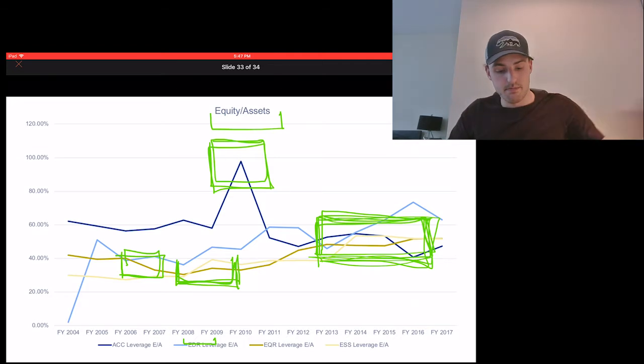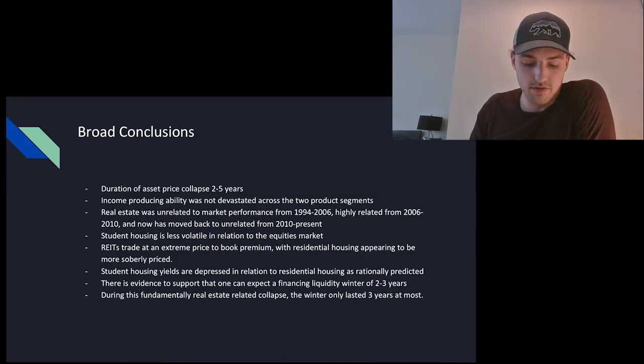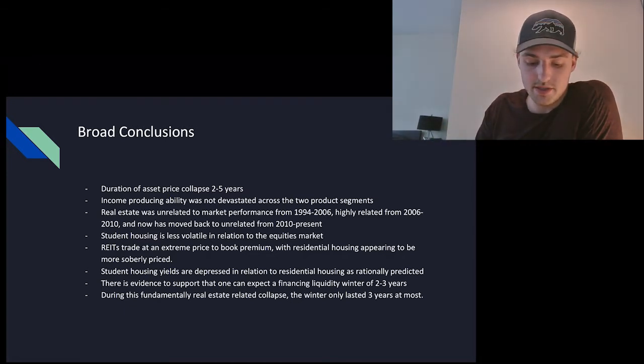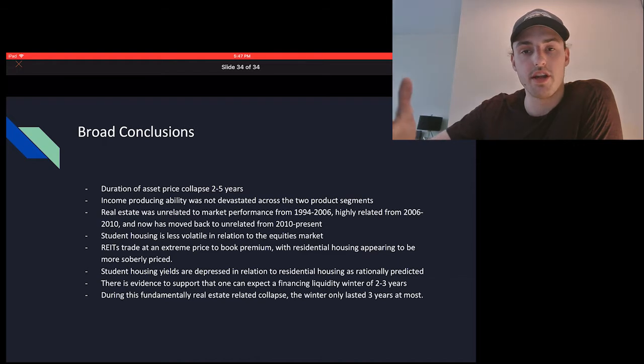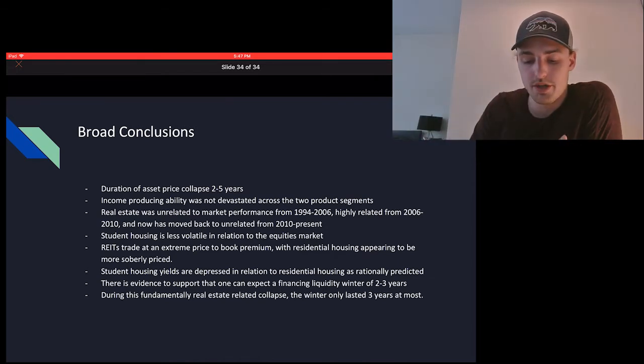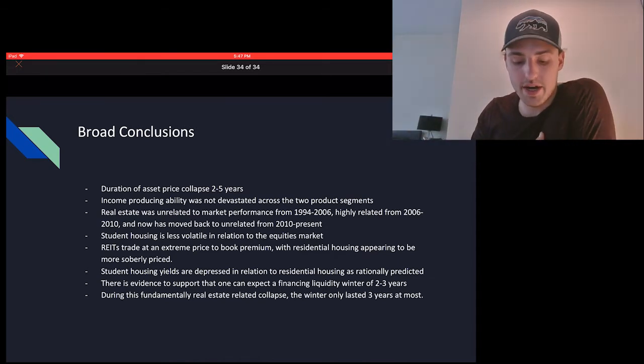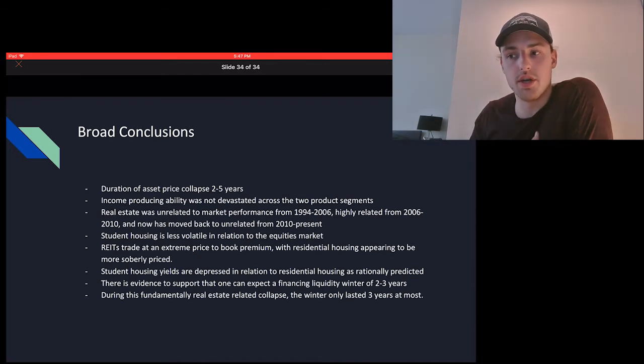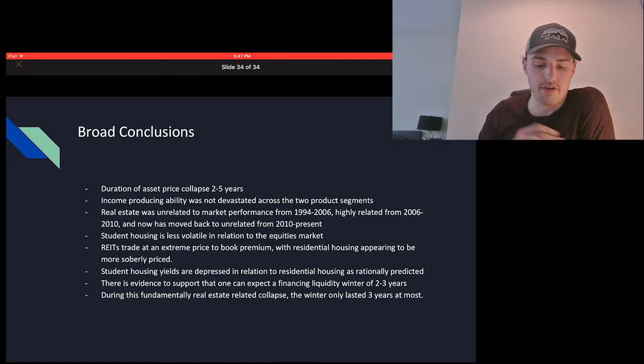So what are some broad conclusions from this? As observed through this proxy of looking through the eyes of these firms from 2008 to 2009, the asset price collapse really happened for 2 years on the optimistic side of things, and 5 years on the very conservative side of things.